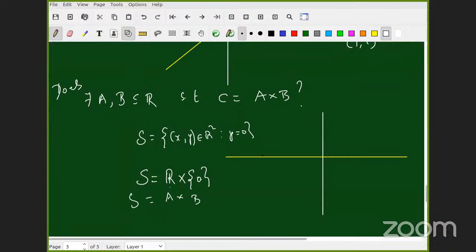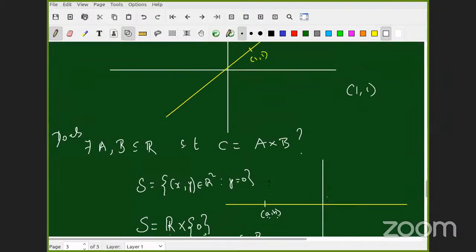Why are you able to write it here? Same thing. You take a point inside this set, the ordered pair (a, b). I was able to describe my set clearly, where a belongs to the set of all real numbers, so there is no condition on a. Is there a condition on b? Yes. b has to be equal to 0. Therefore, B came from singleton 0, right? A had no condition, therefore A was the set of real numbers for this. And B is just singleton 0.